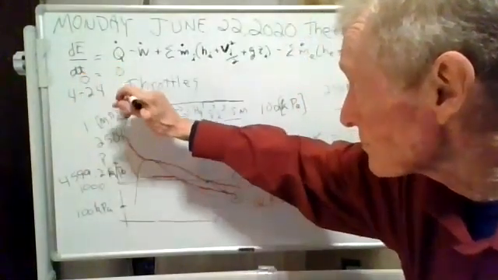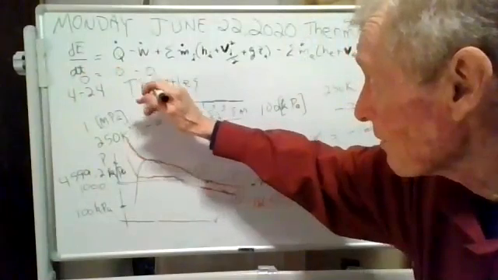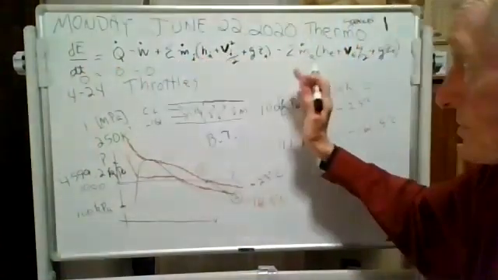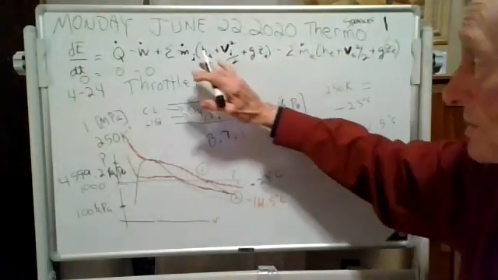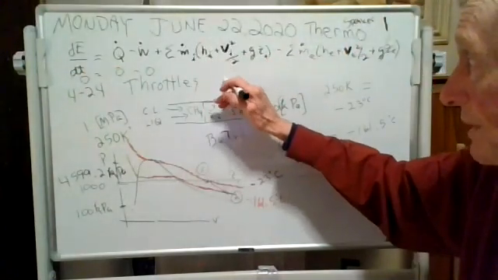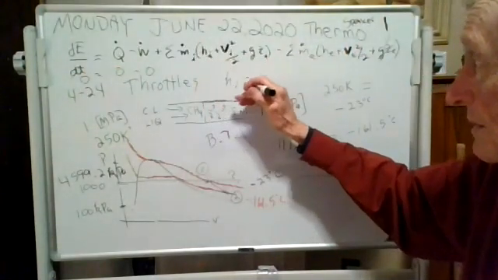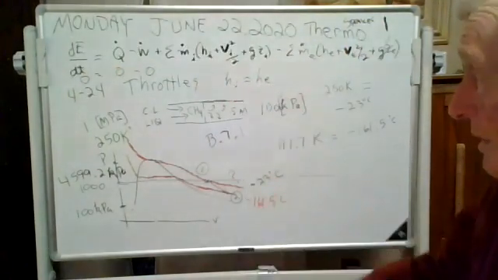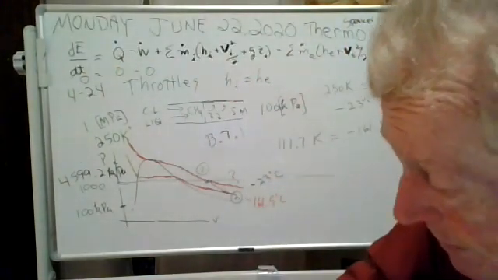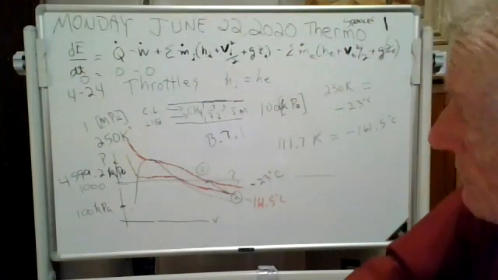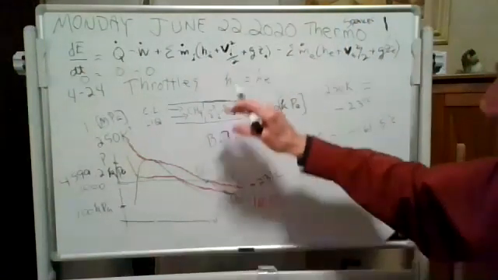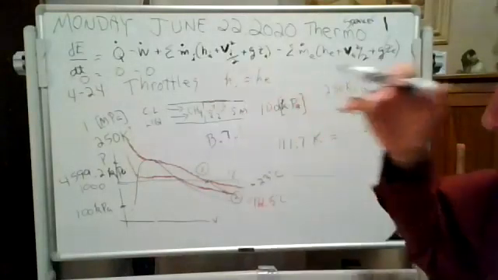There's no heat transfer. There's no power. The m dots are the same. We're going to throw out all the terms except the enthalpies. And here's what you're left with: HI equals HE. The throttle is the simplest of all the devices. This is the first law for the throttle.